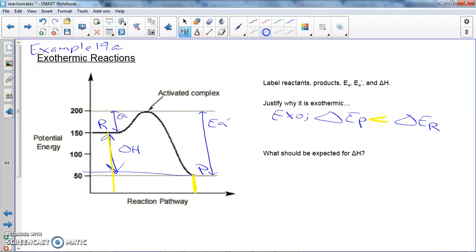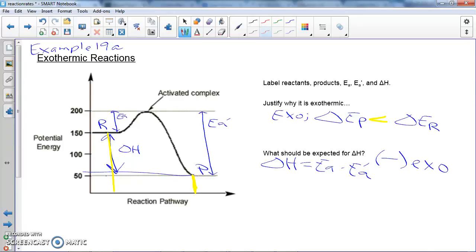And what should be expected for delta H? This is our first time calculating it. First of all, we should expect a negative delta H because it's exo. We can calculate that by taking delta H equals E sub A minus E sub A prime. Be careful, because we're not talking about from 0. Where does E sub A start?